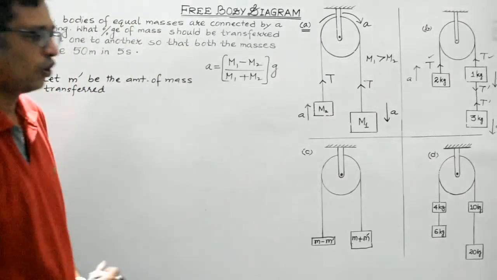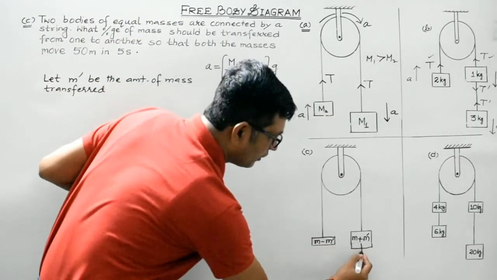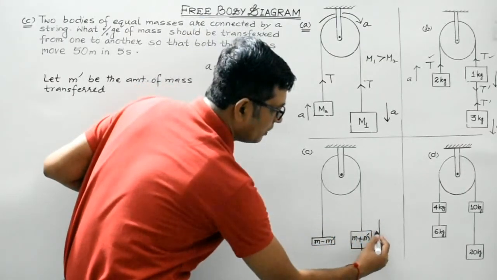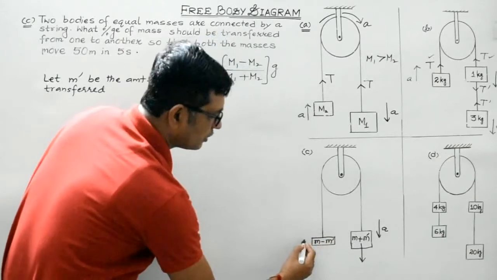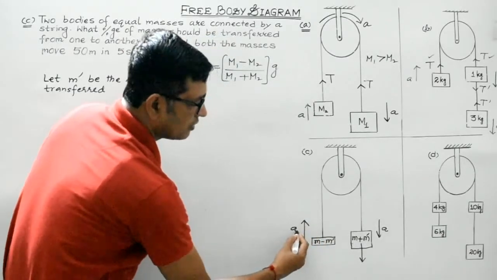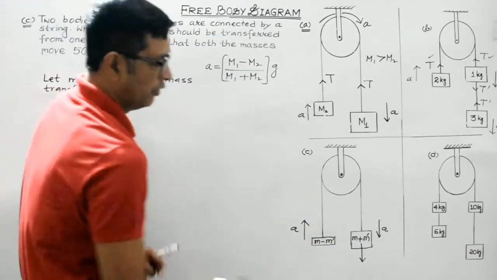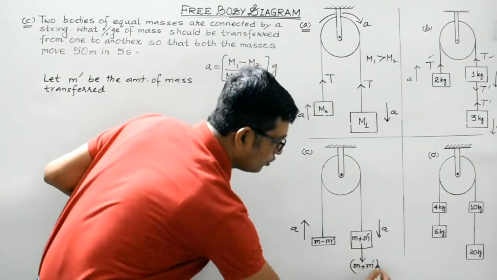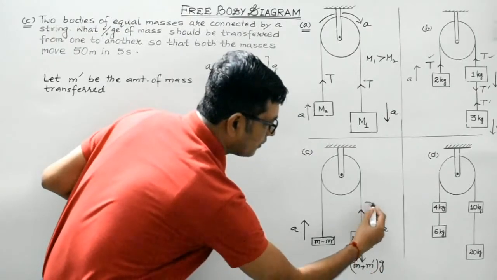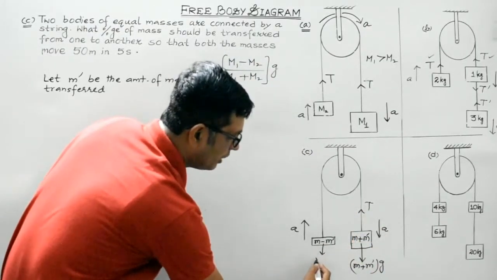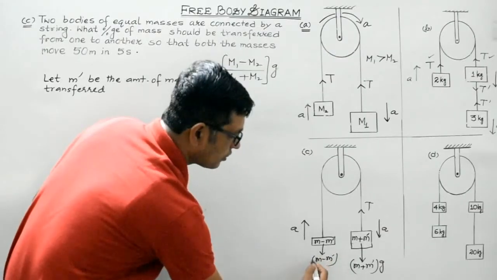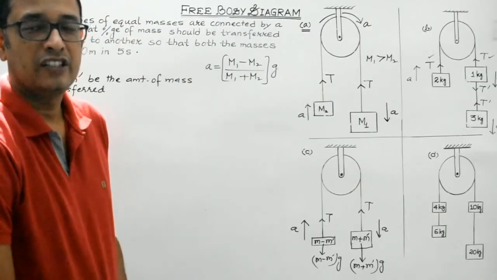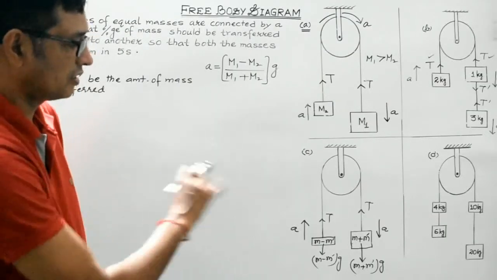So obviously, now the system will start moving along this direction, isn't it? The acceleration of this body will be in the downward direction, and the acceleration of this body will be in the upward direction. Clear? The weight of this body will be (m plus m dash) into g, and this will be the tension. Here the weight of this body would be (m minus m dash) into g, and the same will be the tension here as well, right?